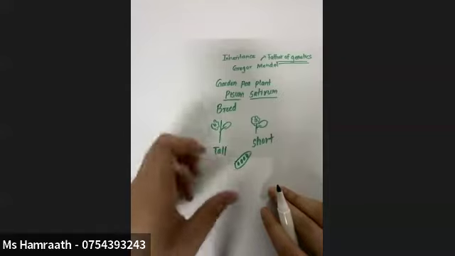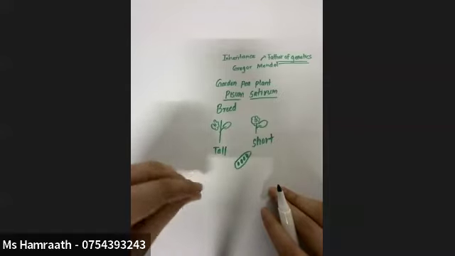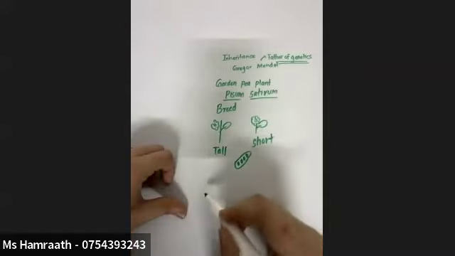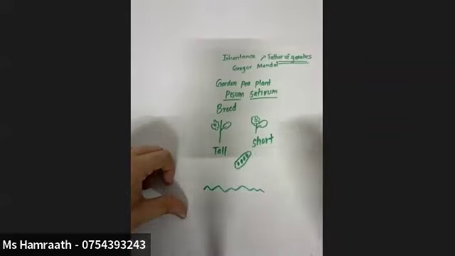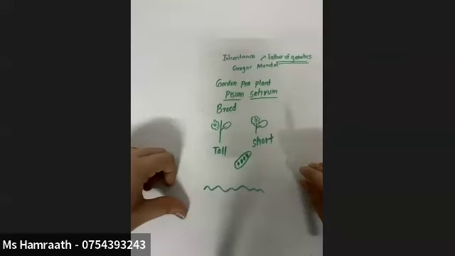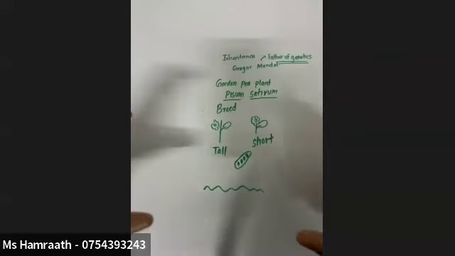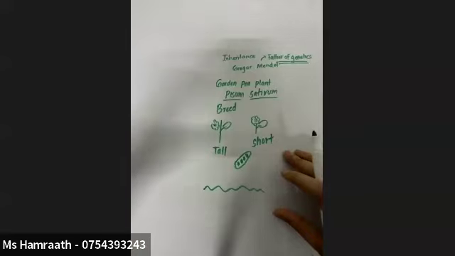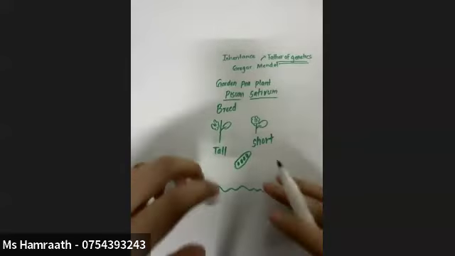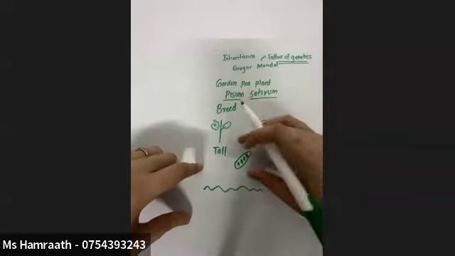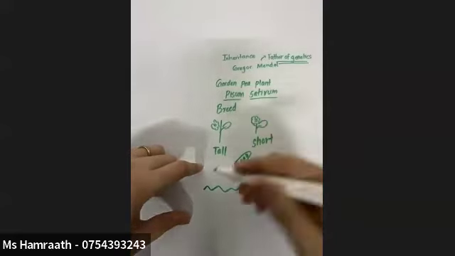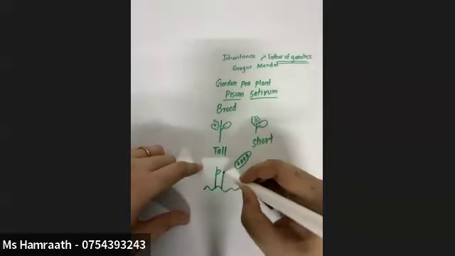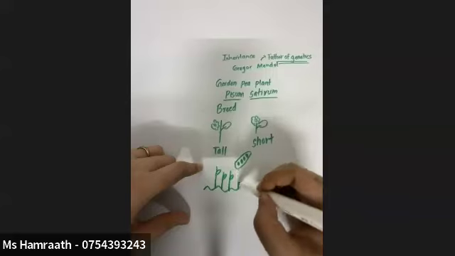So he took the seeds and planted the seed into the soil. Once he planted the seed into soil, the plants that were grown from this seed, all of them were tall plants.